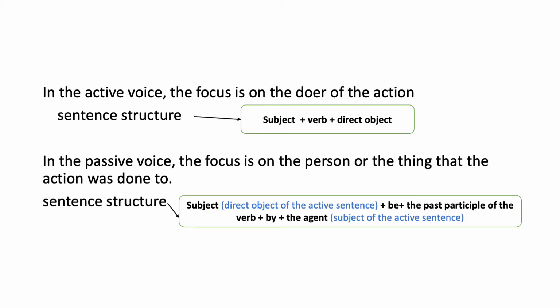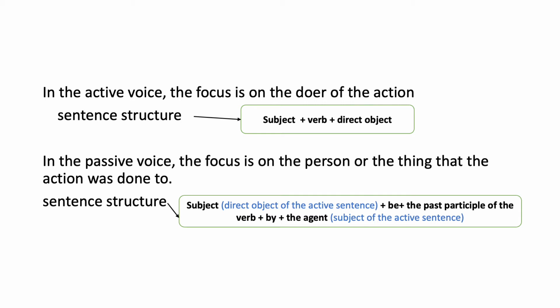That's why it is called active. The sentence structure, or formula, which is typically used in active voice sentences is subject plus verb plus direct object.